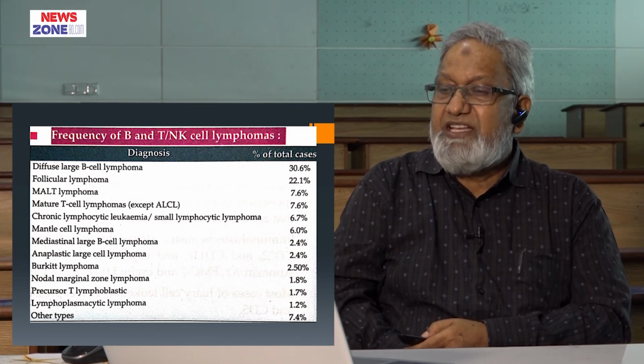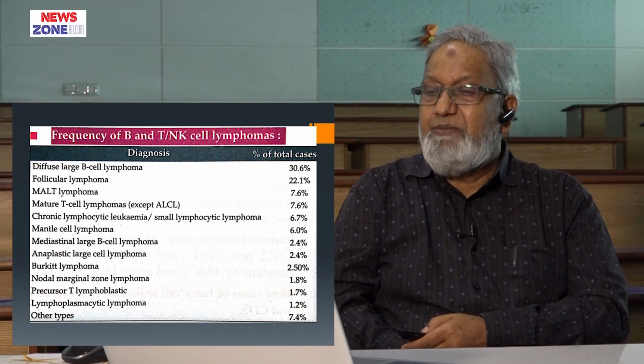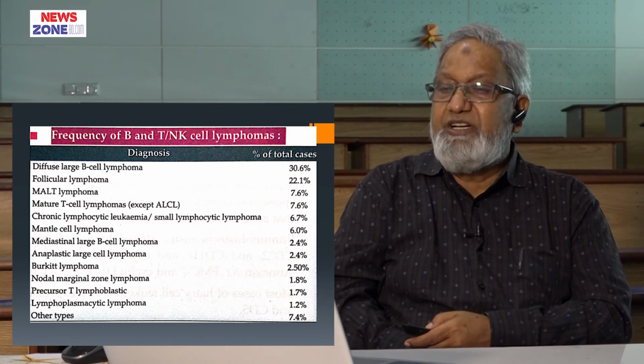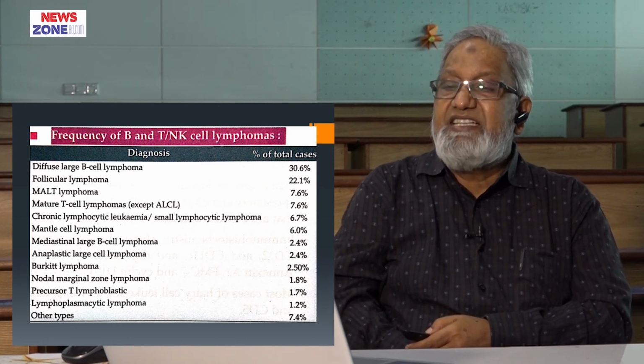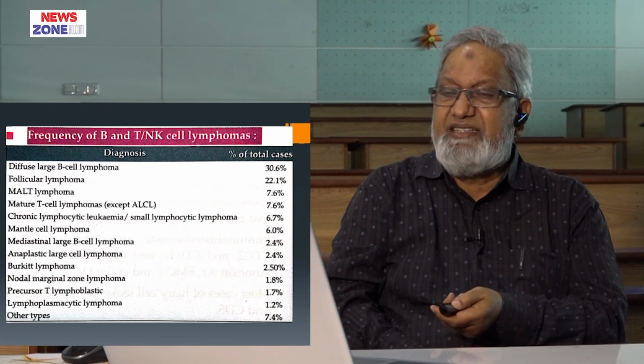So, more than 70% of lymphomas are these 4 varieties, and others are very small percentages.